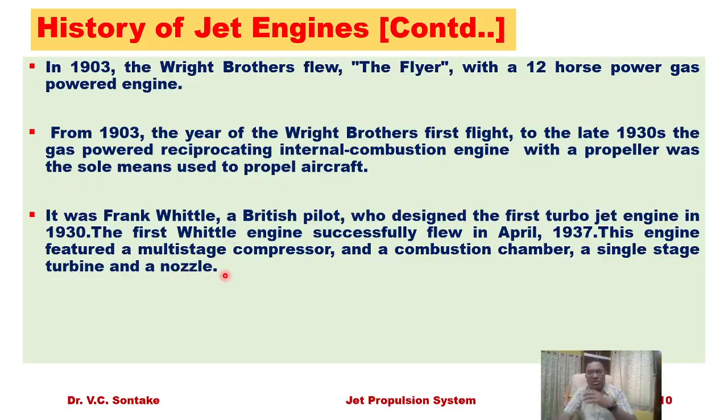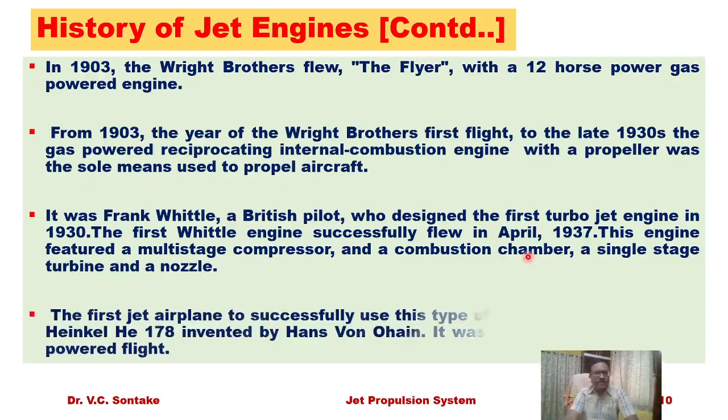And these components that I have just mentioned, compressor, combustion chamber, turbine and nozzle, are the primary components of any jet engine. Even though jet engines have now reached an advanced stage, these are the fundamental components of any jet engine.